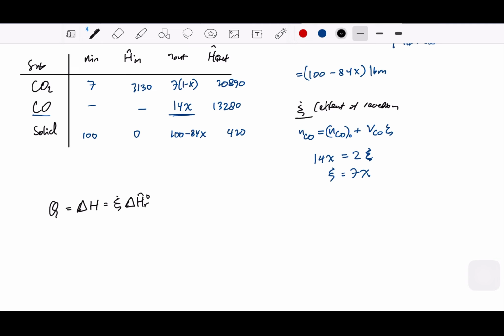Heat of reaction plus the difference in the enthalpy.